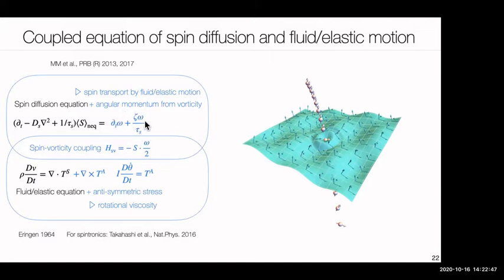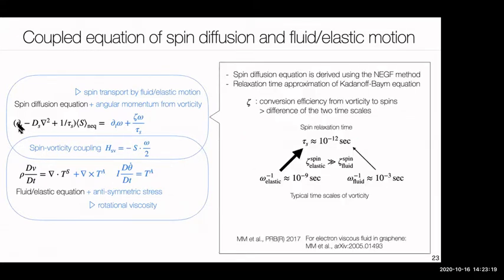On the left-hand side, we have two different kinds of source terms coming from the lattice or fluid vorticity motion. Also, the fluid elastic equation is modified by introducing the anti-symmetric stress tensor, which includes the rotational viscosity. So now let's look at this spin diffusion equation.